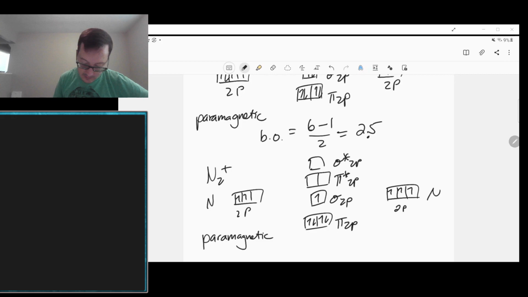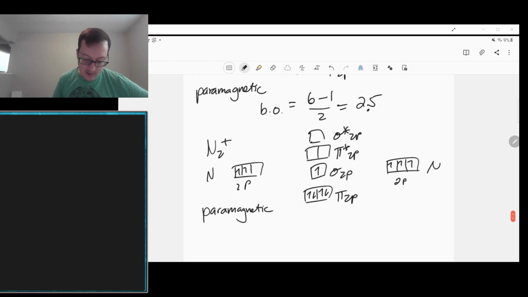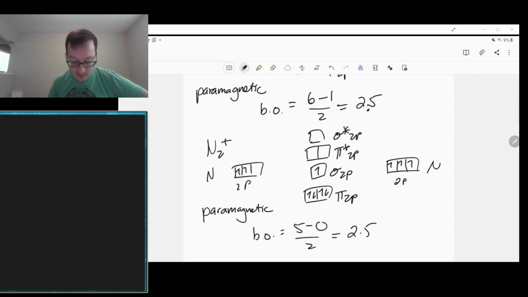If it is, you can go ahead and look at its bond order. Also 2.5.